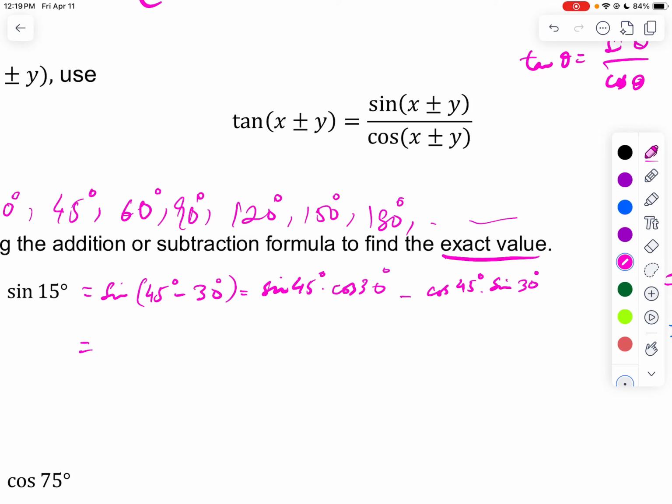Sine of 45 is square root of 2 over 2, and cosine of 30 is square root of 3 over 2, minus cosine of 45, which is square root of 2 over 2, times sine of 30, which is 1/2.